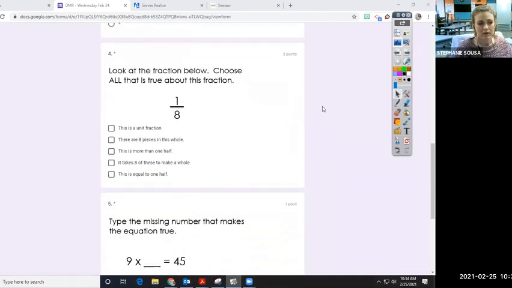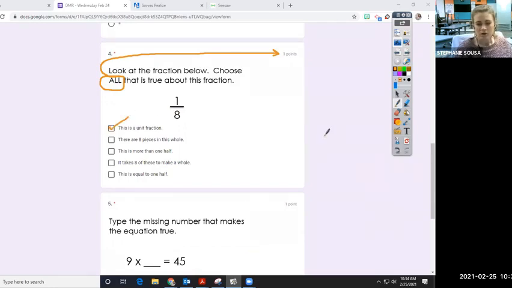Next up, look at the fractions below. Choose all that is true about this fraction. Notice that it says all, 3 points, so we are going to select 3 answers. 1/8. This is a unit fraction.